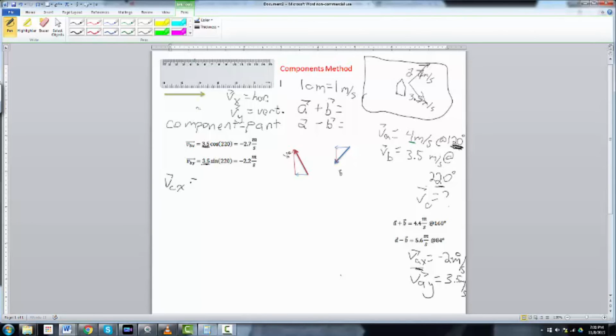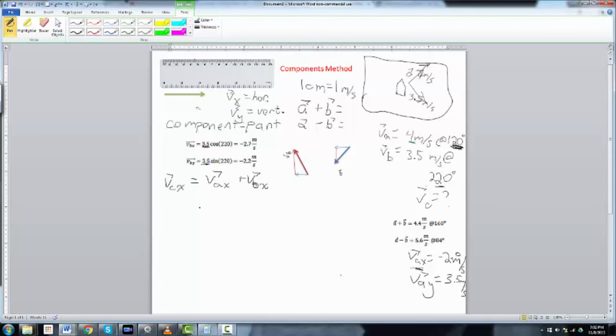In the x direction, my new C vector is going to be the amount in my x for both A and B. So I'm going to take my x component of my A, my x component of my B, and I'm going to add those two together. So if I take A plus B, that's going to give me somewhere over here.